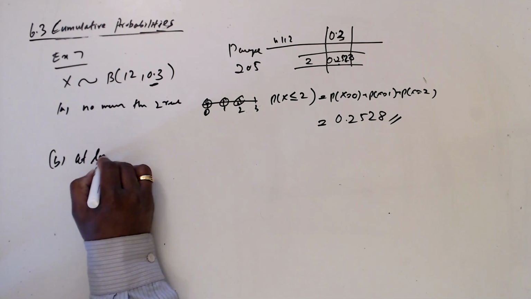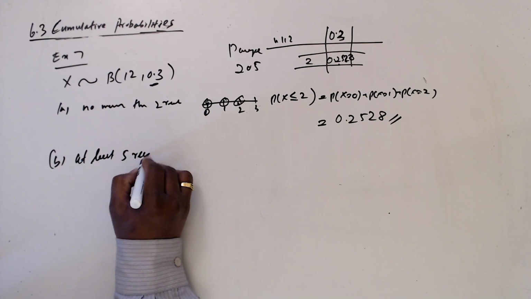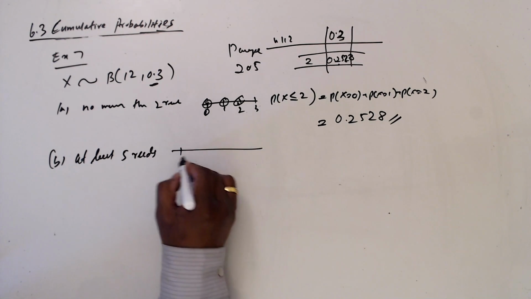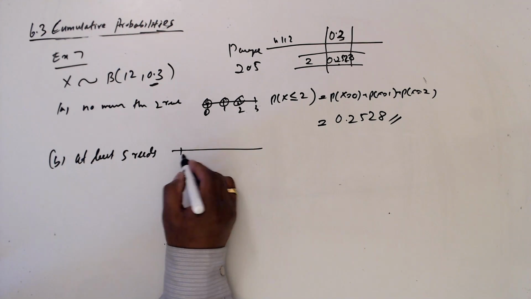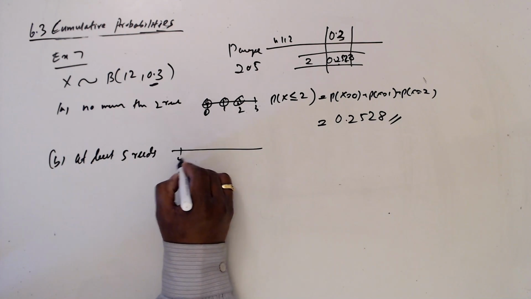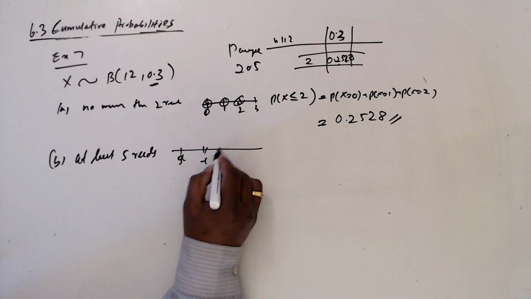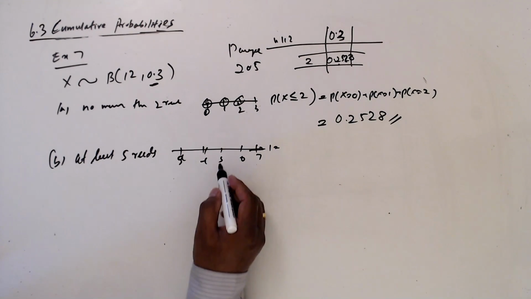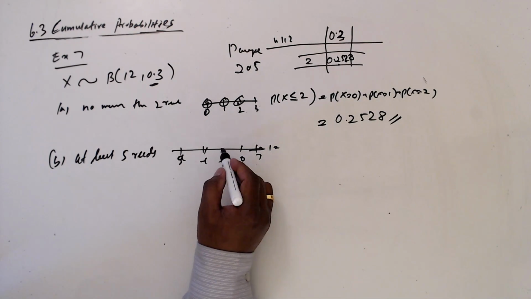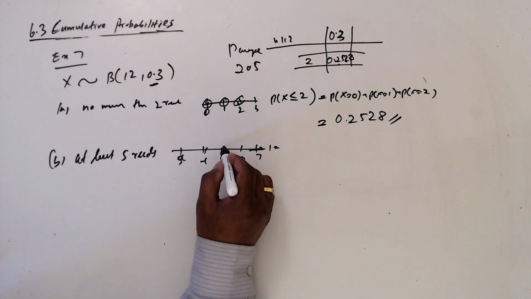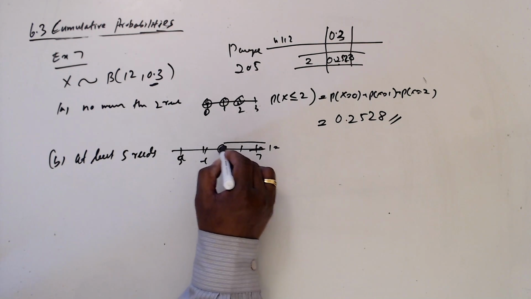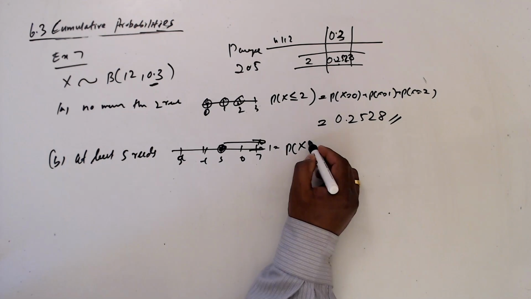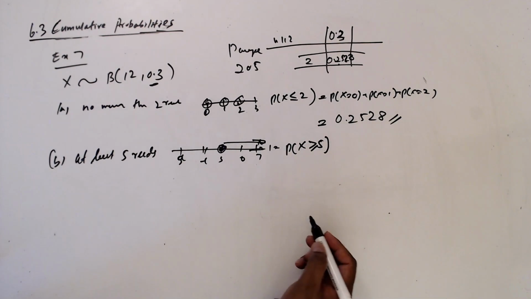Then part B, at least 5 reds. At least 5 reds means 5, 6, 7, like that; it should be 5 or more. So probability of x greater than or equal to 5.